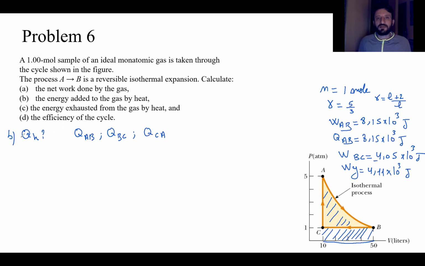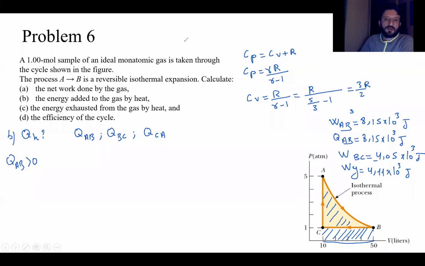So we have to add all the positive values of Q hot. First of all, we have QAB is calculated, which is equal to 8.515 times 10 power 3 joule. It's a positive value, so it's one term of Q hot. We can say QAB is positive. First, we have to calculate QBC.